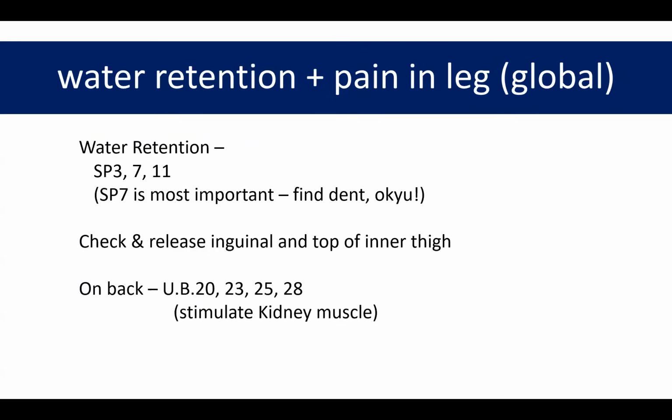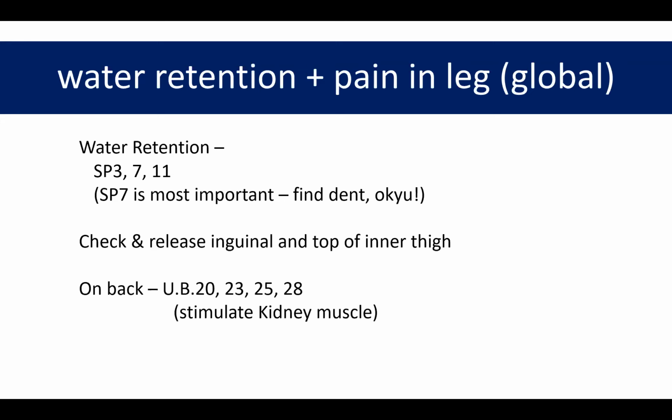Water retention and pain in the leg. It was unclear where the pain exactly is in the leg, but for water retention, I use spleen 3, spleen 7, and spleen 11. The most important one here is spleen 7. I often do not even bother with spleen 11. Okay.